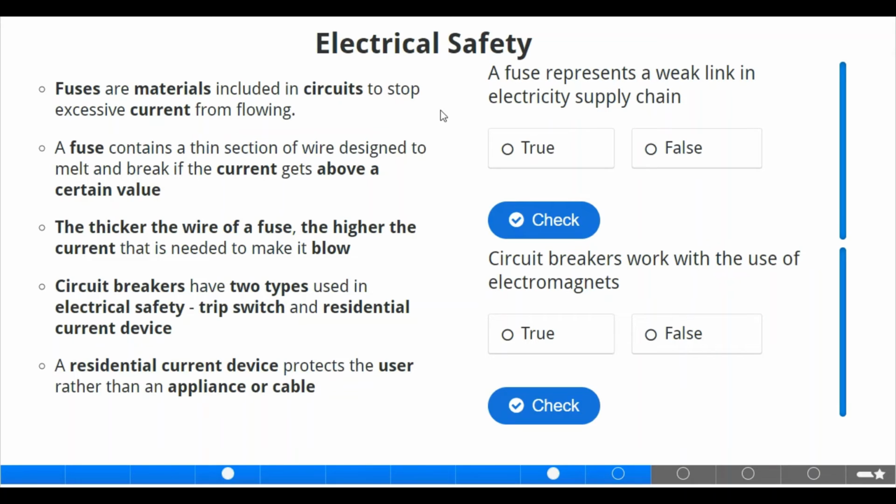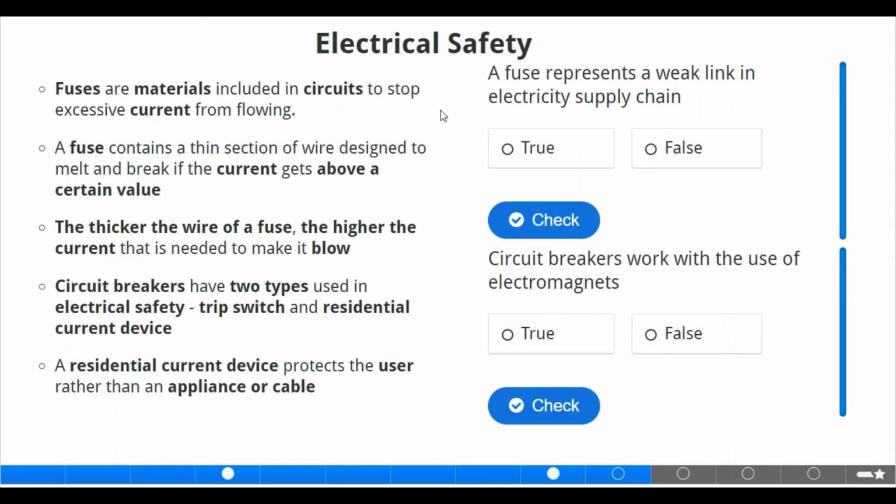The thicker the wire of a fuse, the higher the current that is needed to make it blow, that is, to break. Circuit breakers have two types used in electrical safety. We have the trip switch and the residual current device. A residual current device protects the user rather than an appliance or cable.